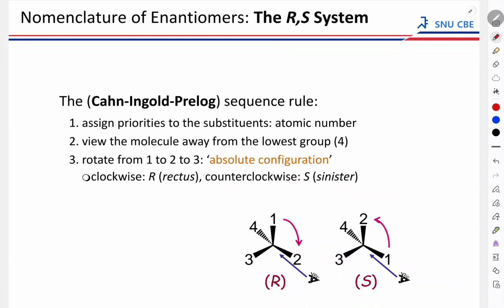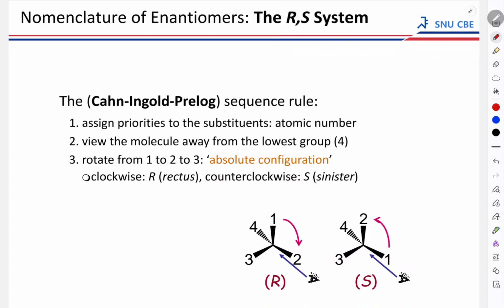If that gives you the clockwise rotation, then you can identify this asymmetric center as R configuration. But if this asymmetric center, with these 3 substituents, gives you the counterclockwise rotation, then you can identify this asymmetric center as S configuration.